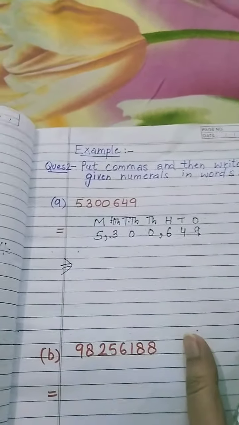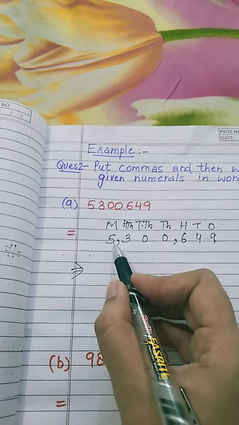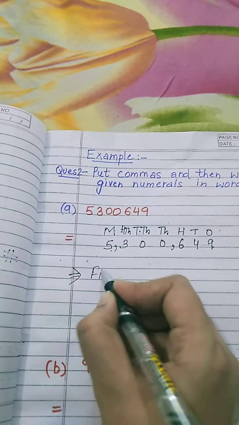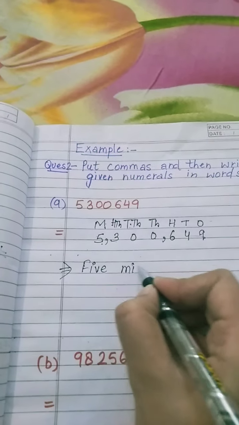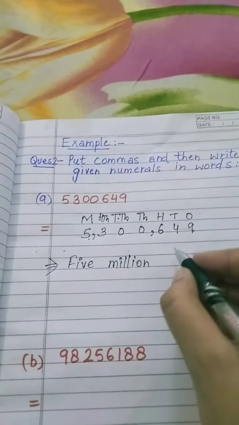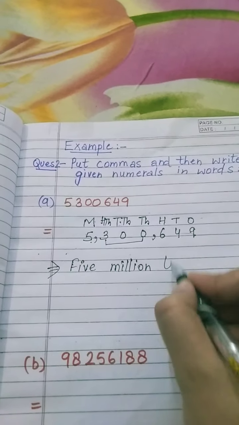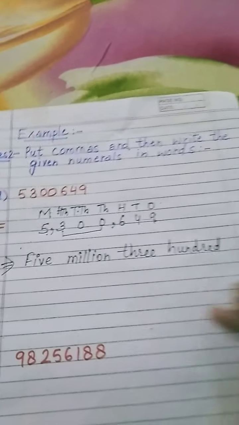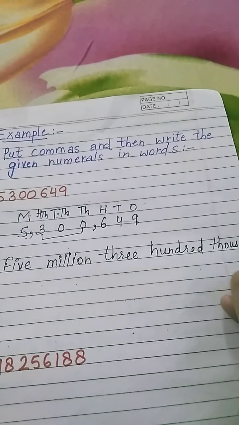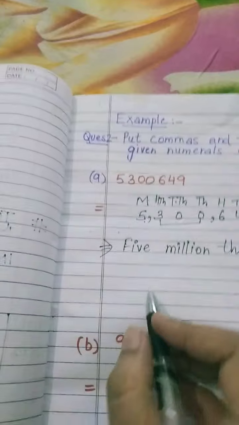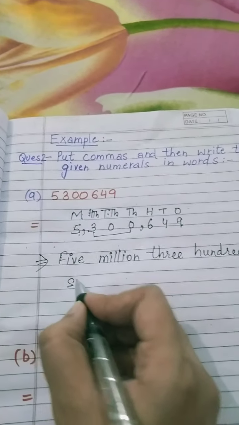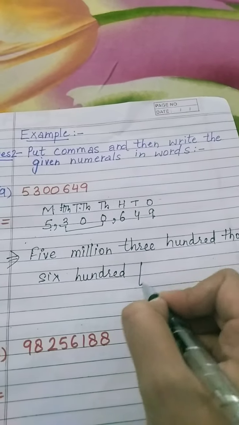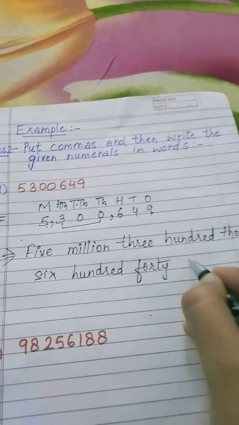Now we have to write it in words. 5 is at the million place, so we will write it as 5 million. 300,000, 649.